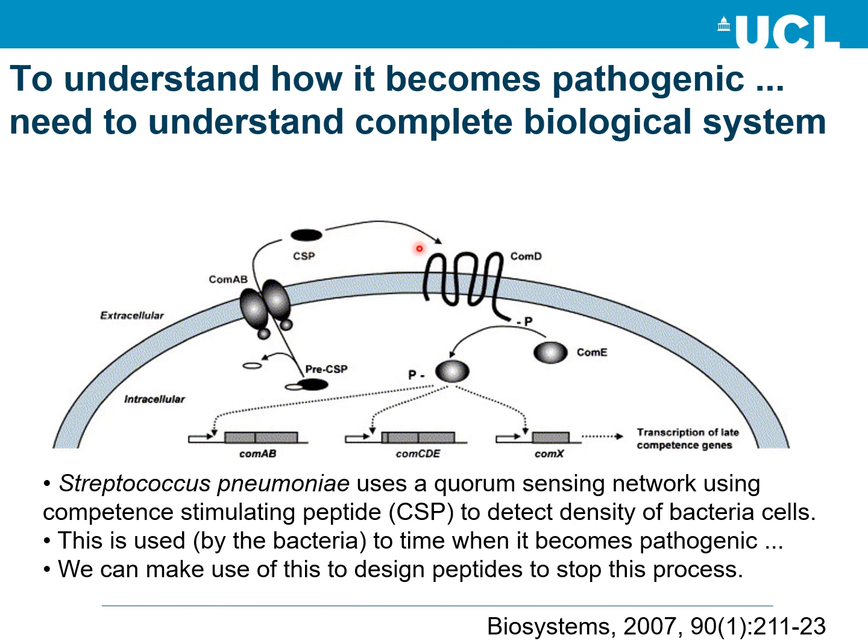So it doesn't allow the Streptococcus to become pathogenic. This is an example of a disease system which we're trying to understand using these network biology and omics techniques.